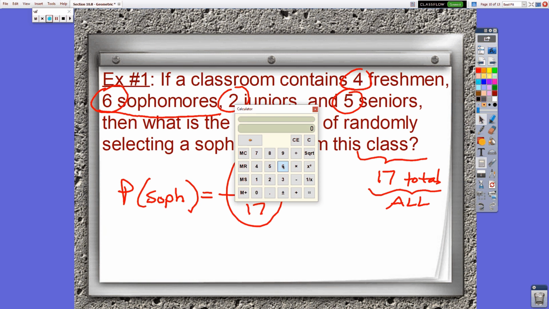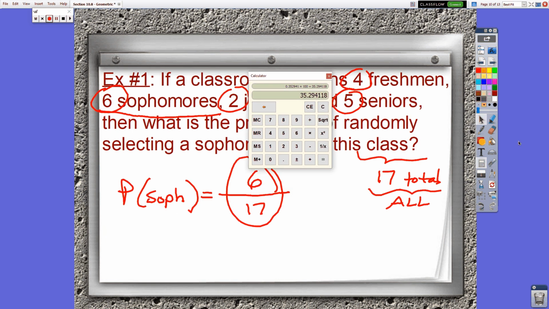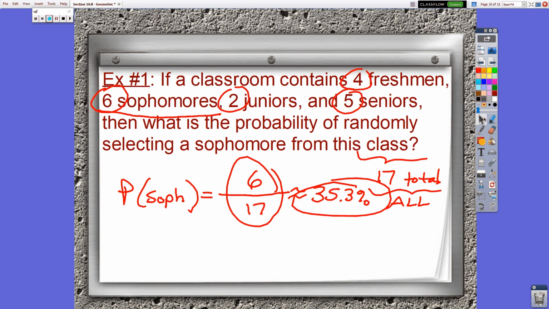If I just type in 6 divided by 17, and then multiply this by 100, not 1,000, to convert it to a percentage, this is roughly 35.3%. So I have approximately a 35.3% chance of randomly picking one of these 6 sophomores from a class of 17 students altogether. So that's basic probability. Okay?